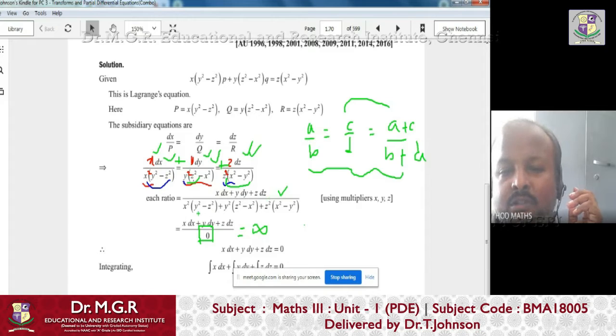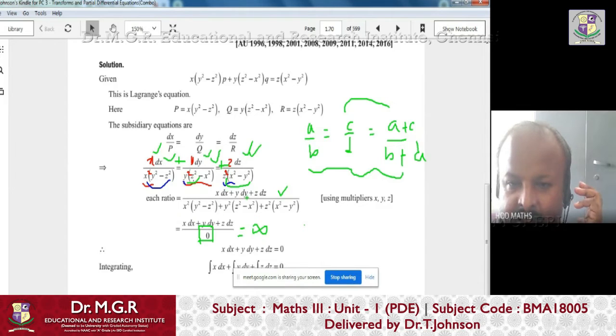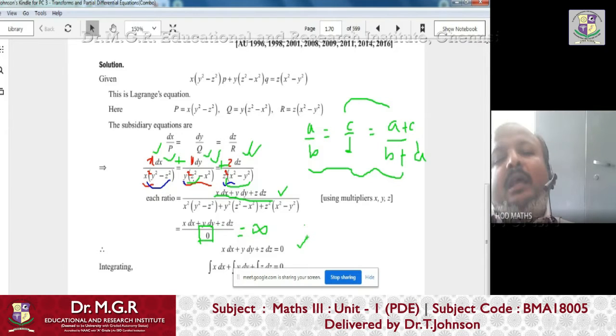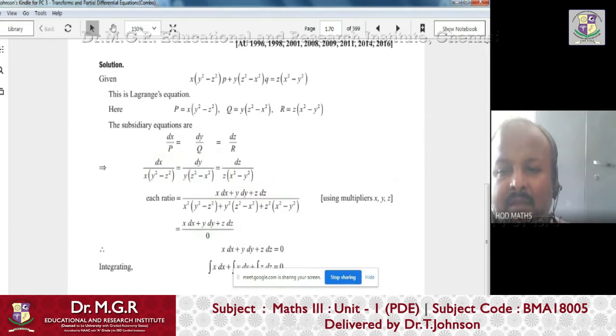This total differential becomes 0, that is, the differentiation of something becomes 0. If the differentiation of something is 0, the term should be a constant. So from this, you don't think the denominator is 0 so it becomes infinity. It's not like that. What it represents is that this total differential x dx plus y dy plus z dz should be 0. That is the meaning.